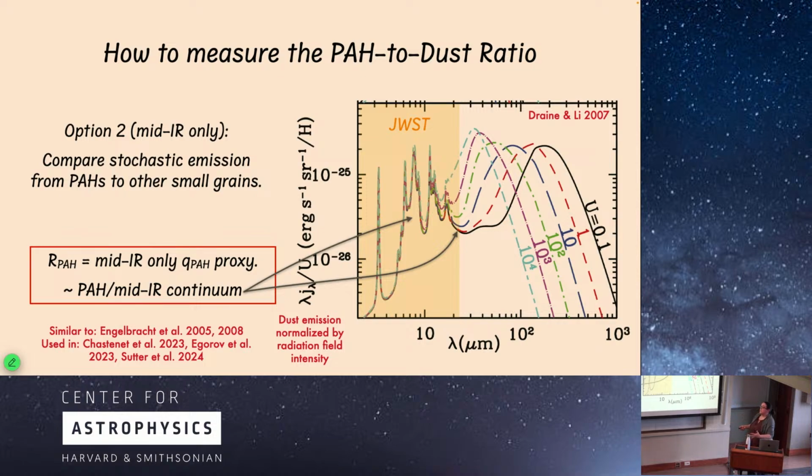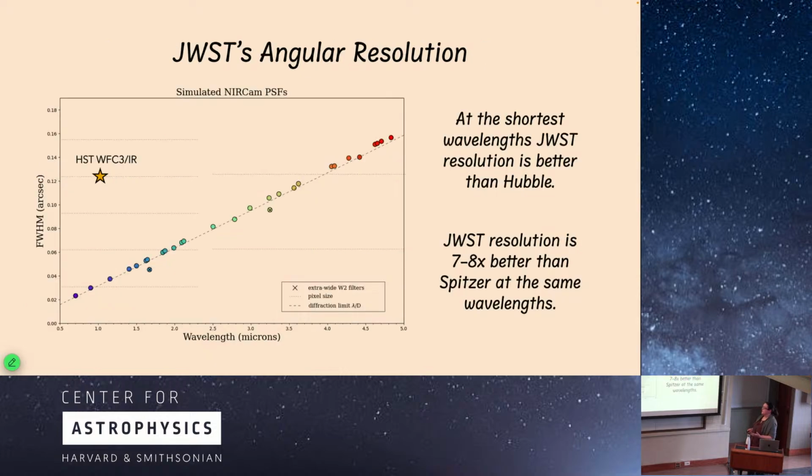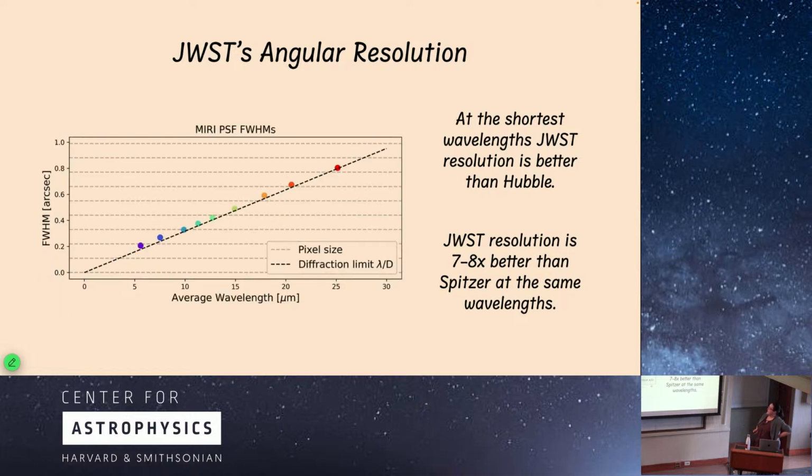It's because the jump in resolution with JWST is so huge that we would love to have a tracer that works at JWST resolution. To give you an idea, this is the full width at half max of the PSF, the angular resolution as a function of wavelength for JWST at NIRCam and then at MIRI.